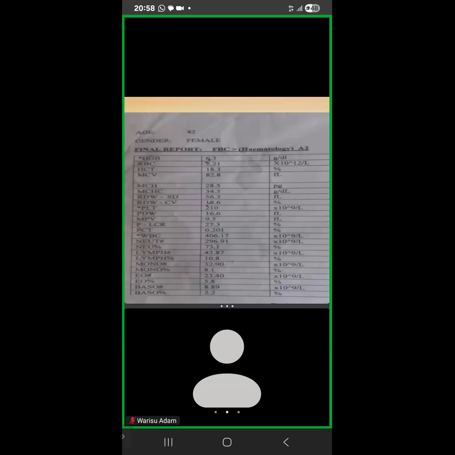You should be able to comment on the full blood count results and presume a diagnosis. And then you do further tests that will make you arrive at a firm diagnosis. Is the gentleman back? Yes. So you are back.